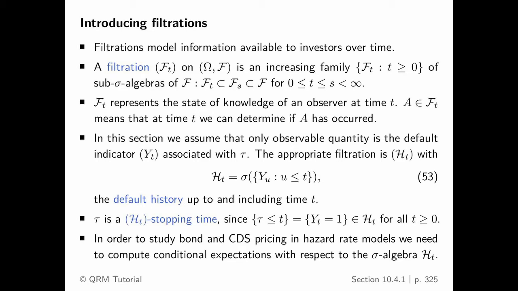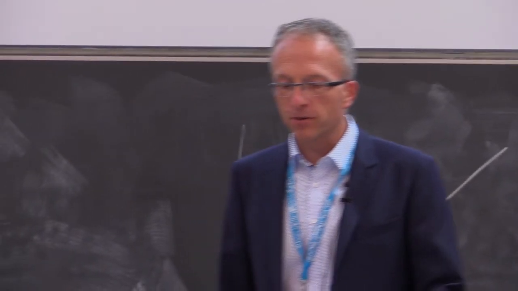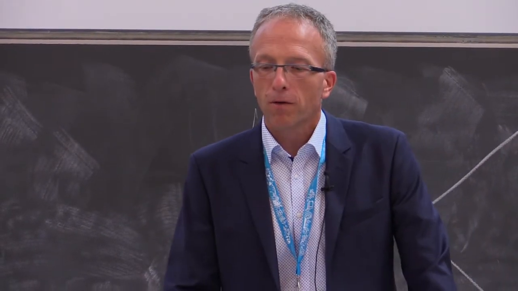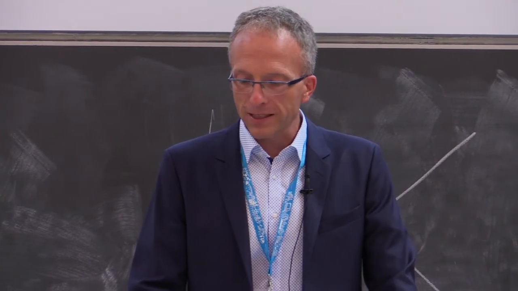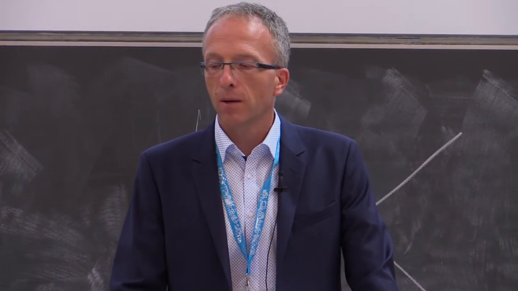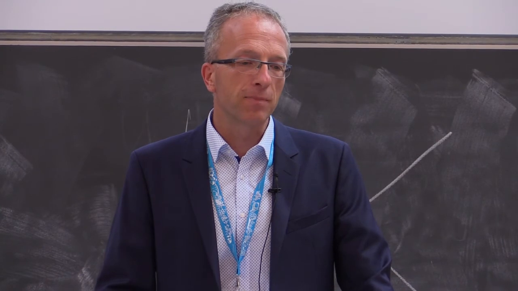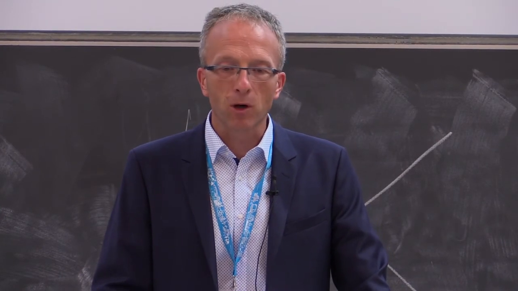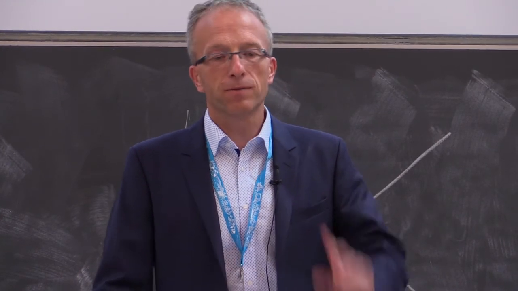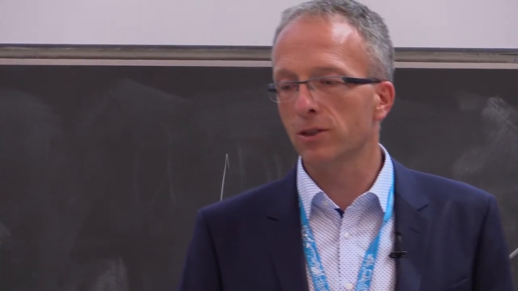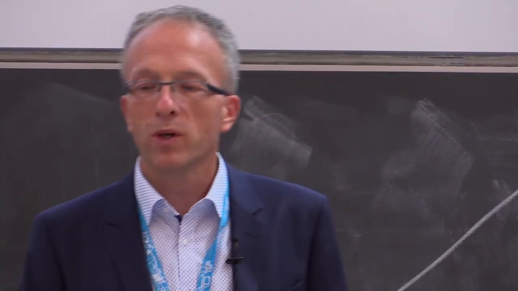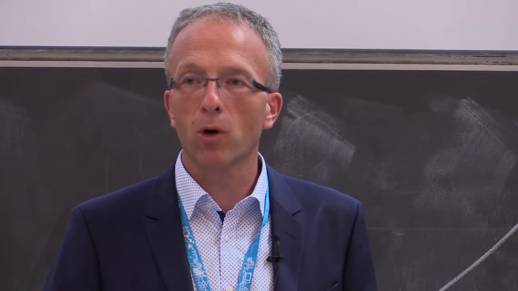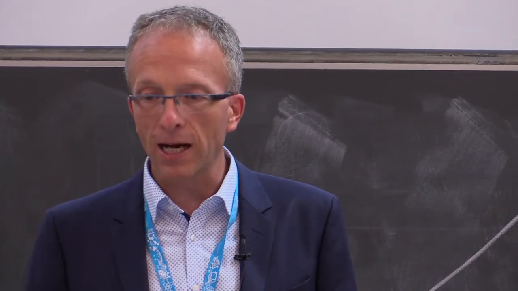A few words about the next slide, filtrations. Of course, we want to do some pricing of bonds or CDS, and in principle, if we want to consider pricing models and financial pricing using risk-neutral pricing, hedging, and so on, we need dynamic models where we really model how things evolve over time.